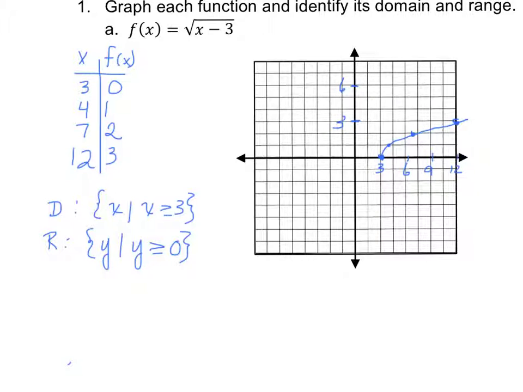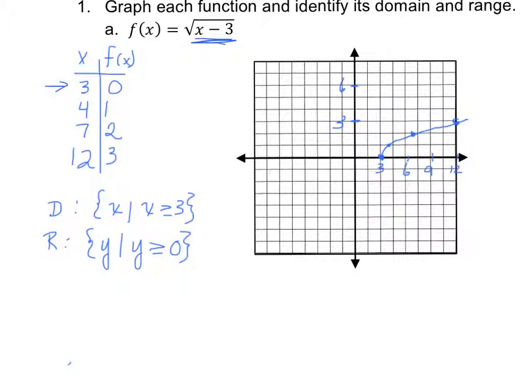When we look at 1a, in our table we want to be plotting points that make our radicand, the value that we have underneath that radical sign, positive or non-negative. So it could be 0 or anything greater than 0. So I start by having my first x value be 3, which makes my f of x equal to 0. And that's going to be the smallest x value that I use.